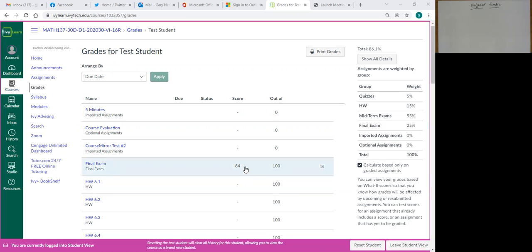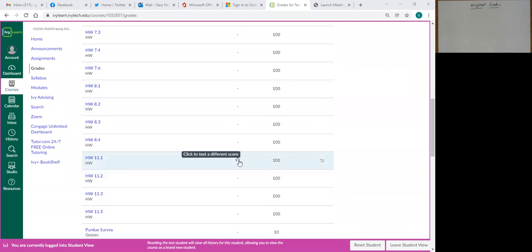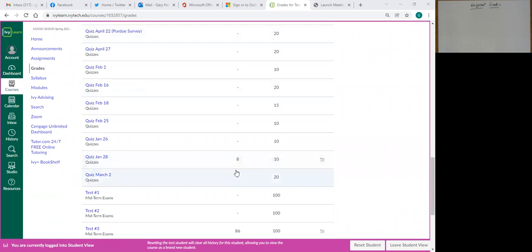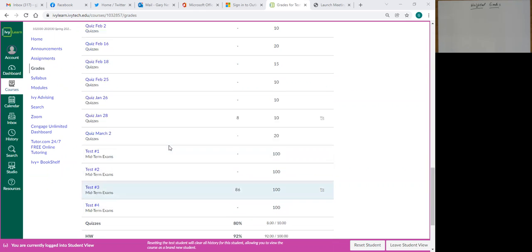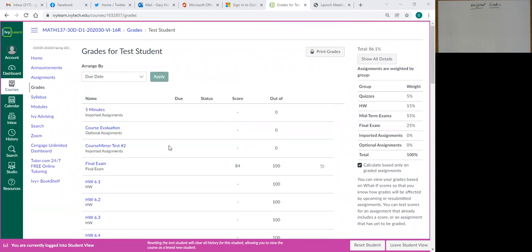For instance, I put in a final exam score of 84, and a homework score of 92 out of 100. Later on, I have a quiz score of 8 out of 10, and test number 3 was 86 out of 100. So I just put in enough grades to fill it out to see what's going on.